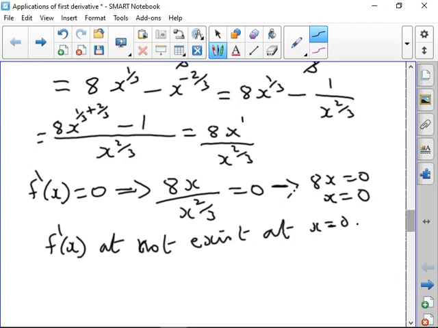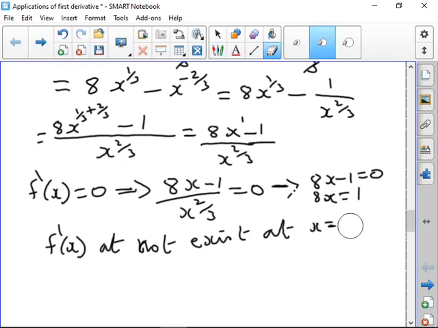Okay, sorry, I have left this 1 here. So minus 1. So this is minus 1. So we have here 8x minus 1 is equal to 0. So 8x is equal to 1. X is equal to 1 by 8.